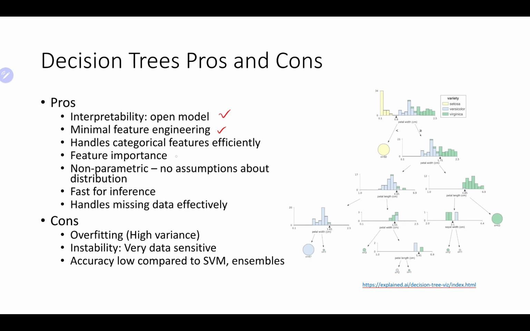Categorical features are actually better than numeric features, I would say, because of the smaller number of thresholds that are possible to be chosen within categorical features. It gives us, after you create the decision tree, you can look at the feature importance.